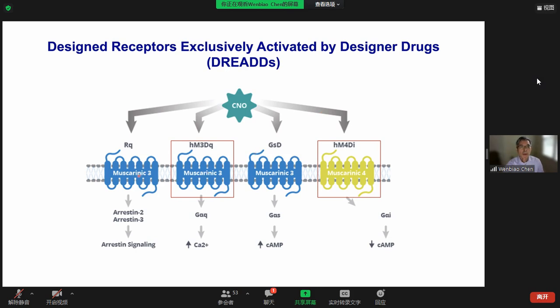Most of the DREADDs are modified from either human, rat, or mouse muscarinic receptors, because they have multiple subtypes coupled to different signaling pathways. So we expressed the Gq and the Gi coupled DREADDs in the alpha cells and tried to see which one would help alpha cell proliferation in the triple knockout animals.